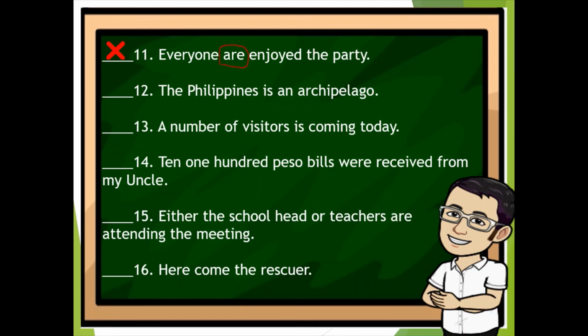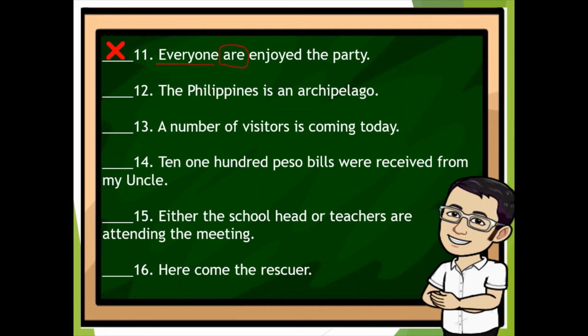The correct verb should be is and not are, because the subject is everyone. So when the subject is an indefinite pronoun like every, everyone, nobody, according to the rule, it must take a singular verb.